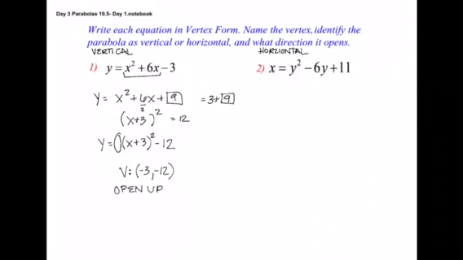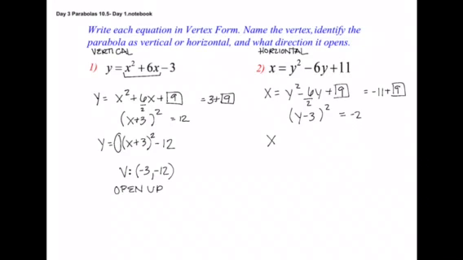Moving on to example 2, we said that this is a horizontal parabola. So we have x is equal to y squared minus 6y. We need to complete the square, move our 11, y something squared is equal to, so b divided by 2, negative 6 divided by 2 is negative 3. Negative 3 squared is 9. Negative 11 plus 9 is negative 2.